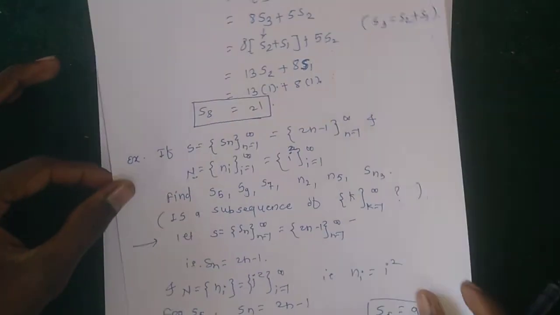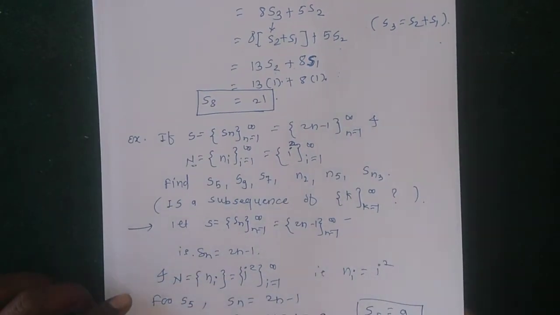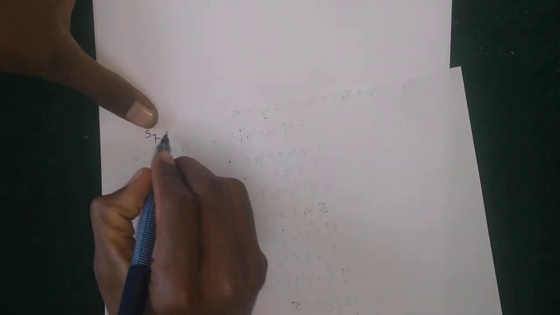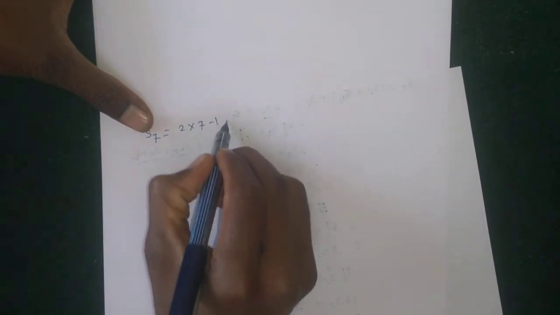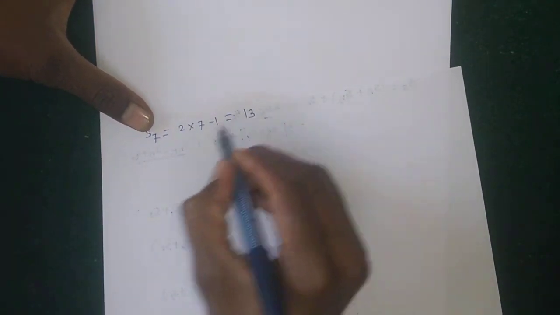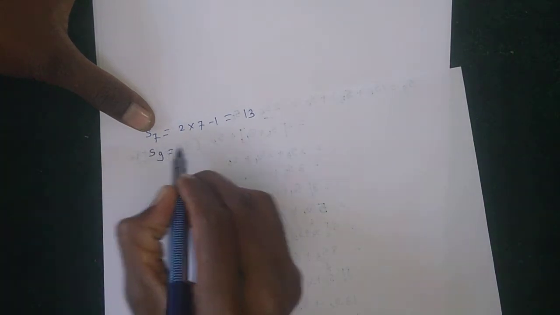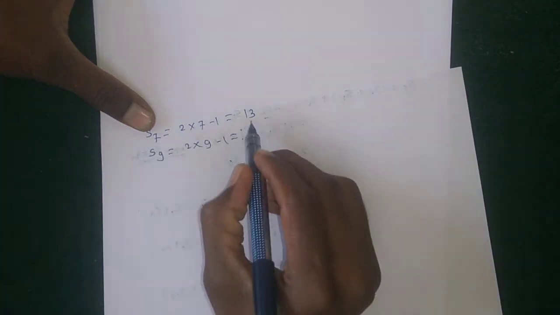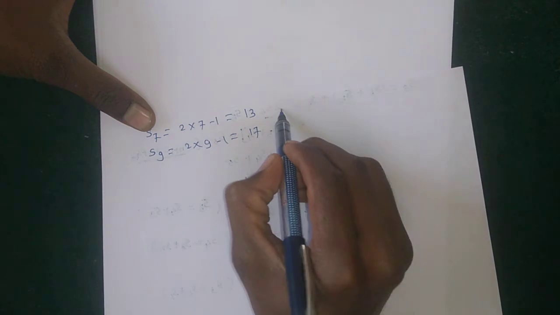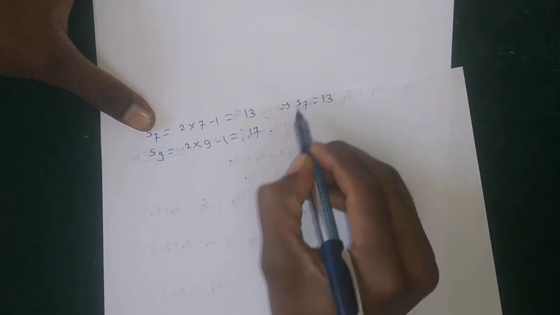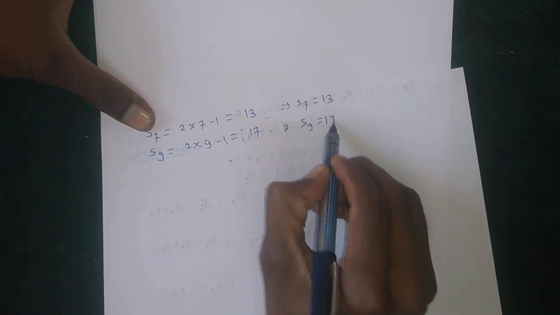Then to find S7 and S9: S7 is equal to 2 into 7 minus 1, which is 13, and S9 is equal to 2 into 9 minus 1, which is 17. In this way, S7 is 13 and S9 is 17.